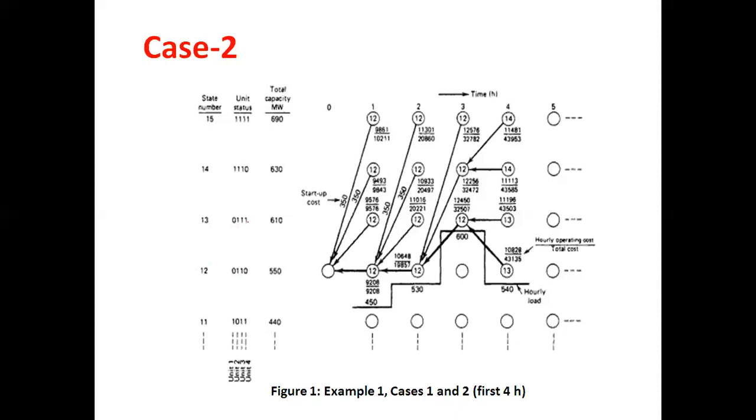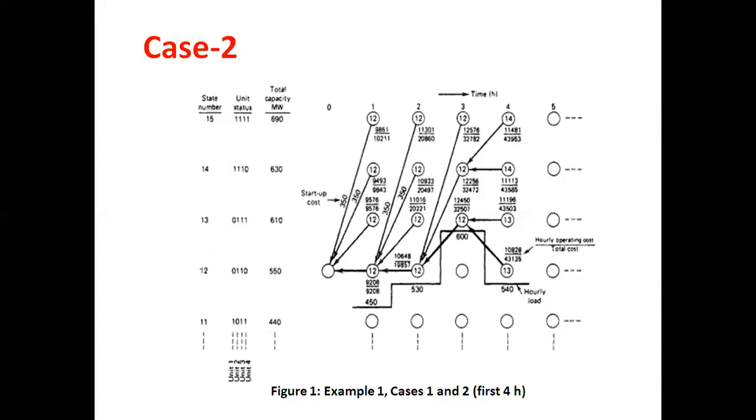So when we go from state 12 to state 13, we turn on the less efficient unit, that is unit 4, rather than turning on the more efficient unit, unit 1, in that particular period.